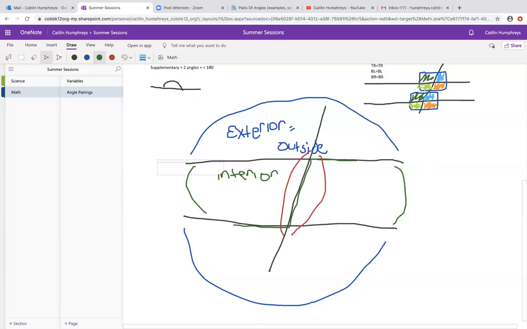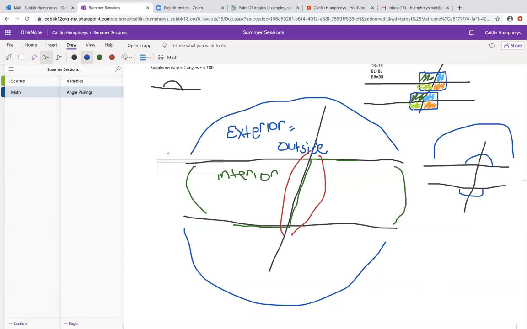Alternate exterior. Well, I know alternate, they're going to be on opposite sides, and I know exterior, they're going to be outside. So let me draw another example over here, and we'll do the specifics. Literally, you just read what it says. So let's do alternate exterior. Well, exterior is outside, so I know I'm in one of these 4 boxes here.